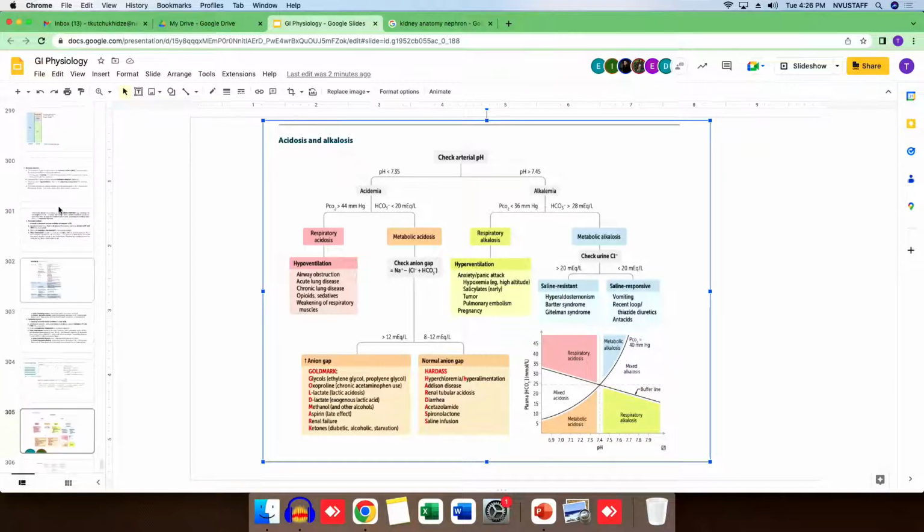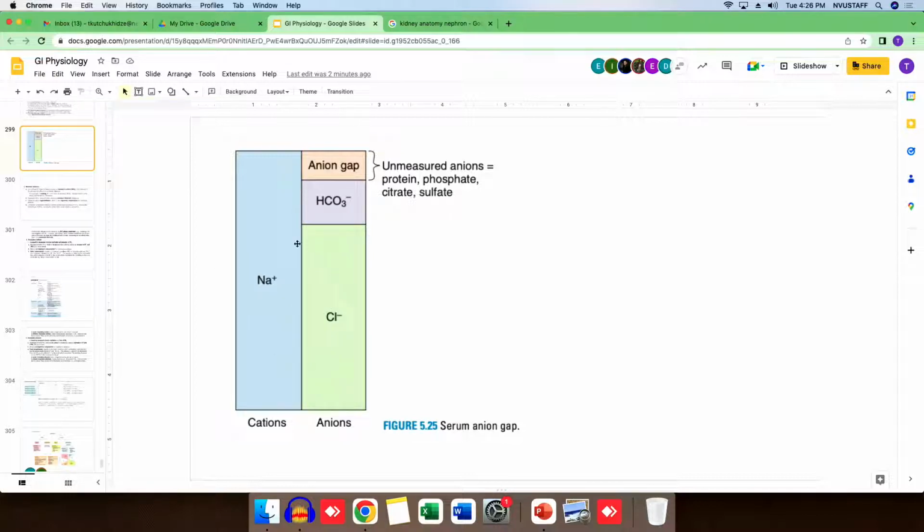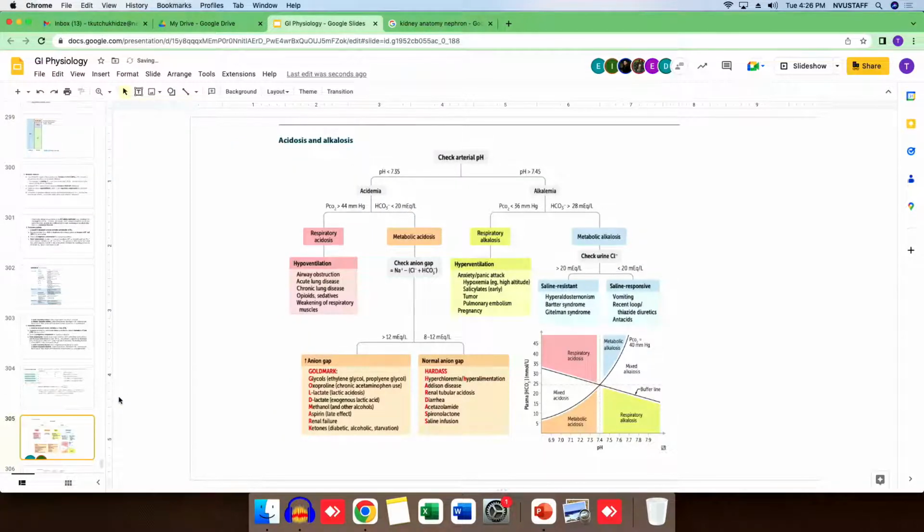If you see this slide, the sodium minus bicarbonate and chloride concentration leaves this space free, and we get the anion gap number, either normal or decreased. An increased anion gap should be more than 12, for example. How do we remember what causes a high anion gap? There is a mnemonic, GOLDMARK: glycolysis, for example lactic acid, D-lactate, methanol, aspirin, renal failure, or any kind of ketones.